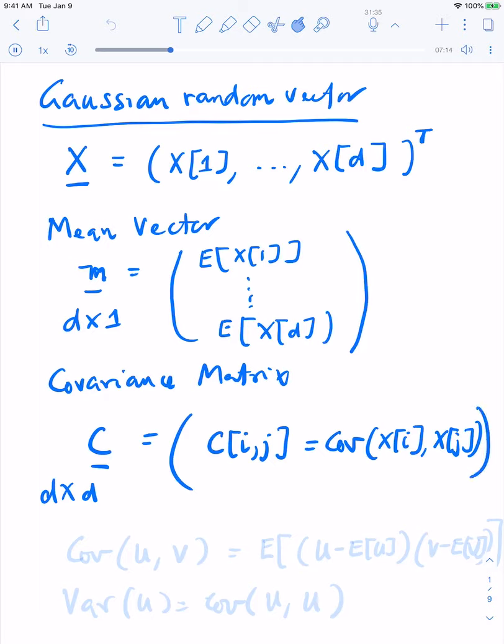And so now we have to go back and define covariance.